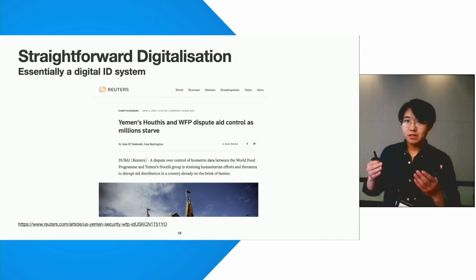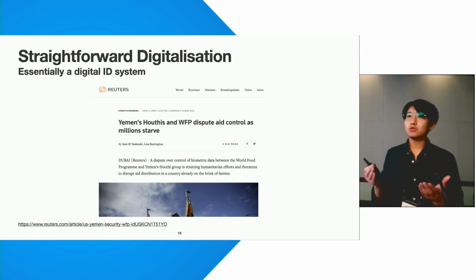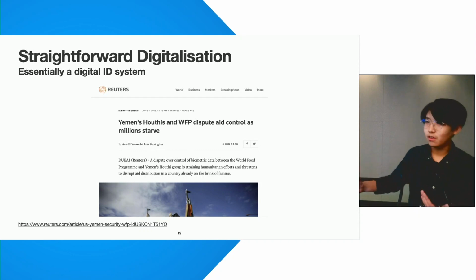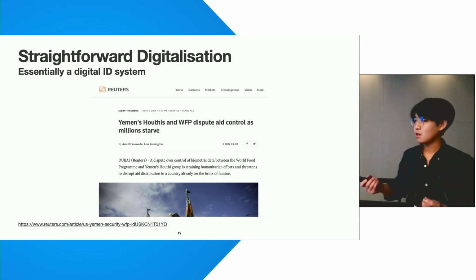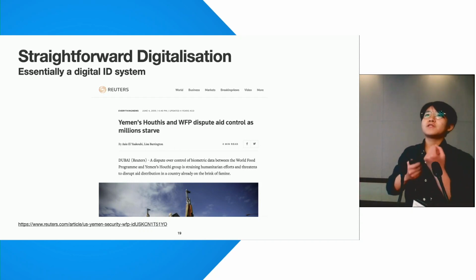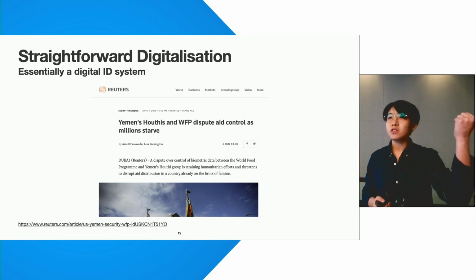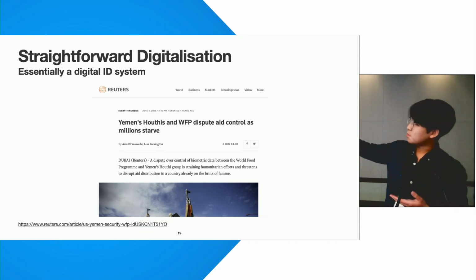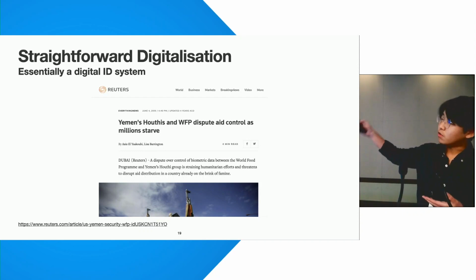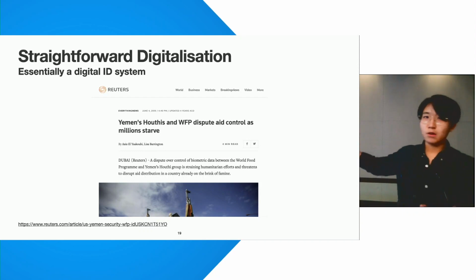Having such a database, anyone would be able to link the distribution behavior with the identity of the recipients. And holding such a database would bring a lot of tensions between the humanitarian organization and the local authority. For example, the World Food Programme clashed with the local authority in Yemen over the control of such a database full of biometrics.